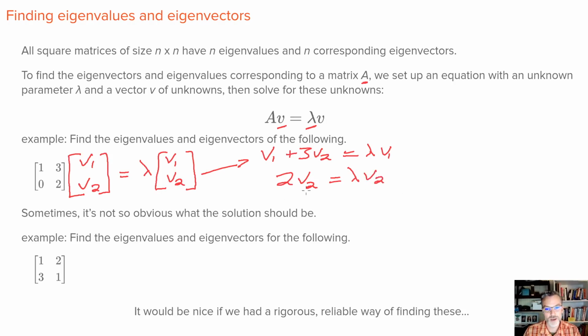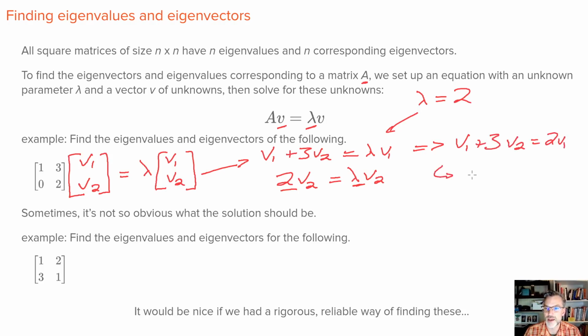Oh, and look, I've worked out what lambda is. Lambda is equal to 2. And this is the eigenvalue corresponding to this equation here, this matrix. And then I can sub it in, for example, into this first one. And then what I'm left with is v1 plus 3v2 is equal to 2v1.